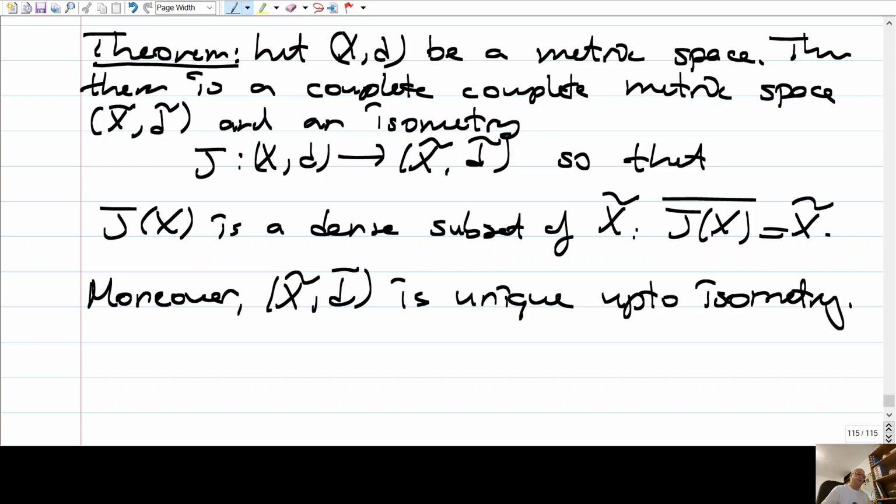In other words, if we think of this in case of real numbers and rational numbers, if you start with rational numbers and build a number system or metric space which contains rational numbers, and if that metric space you constructed is complete and contains rational numbers as a dense subset, then that metric space is nothing but the real number metric space, the metric space of real numbers equipped with the absolute value metric. Okay, so that's the content of this theorem.